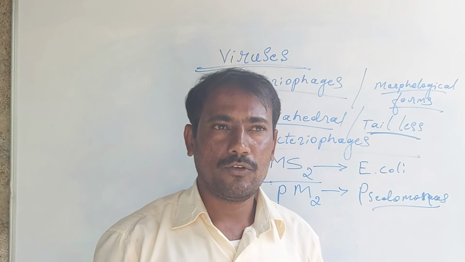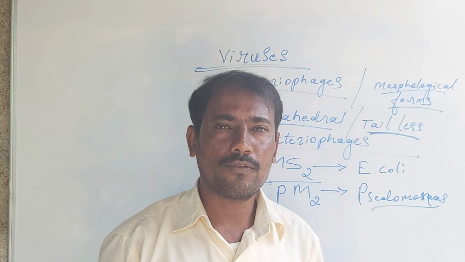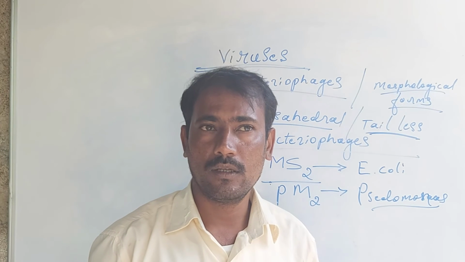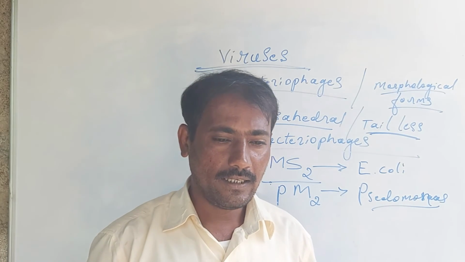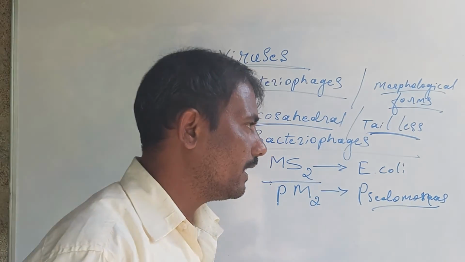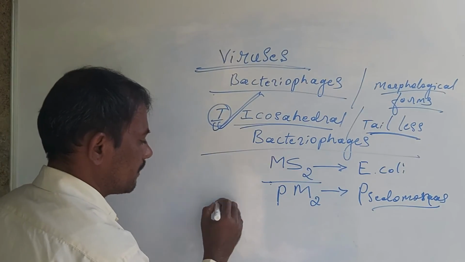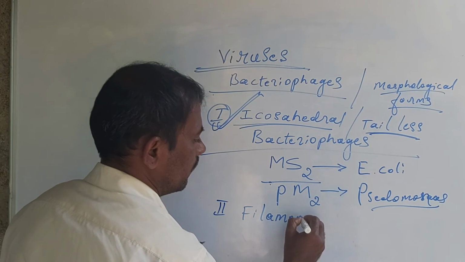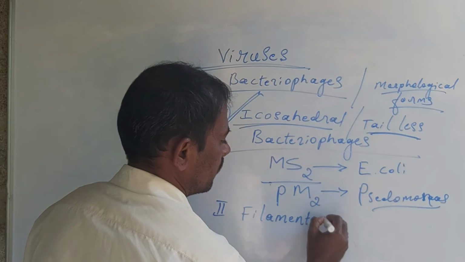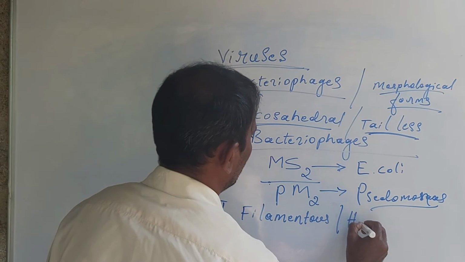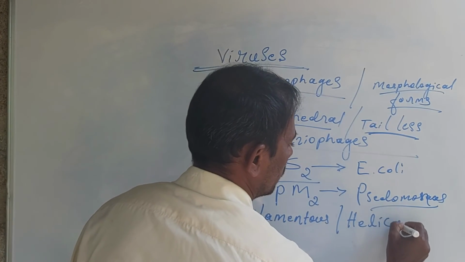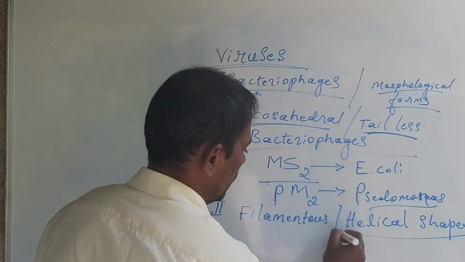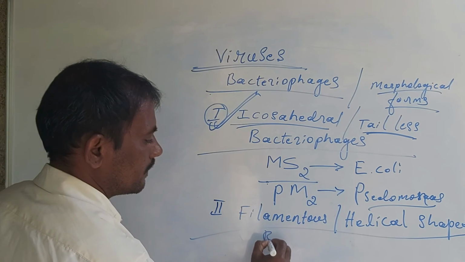Among the bacteriophages, yet another morphological group has also been recognized. It is the filamentous or helical shaped bacteriophages.